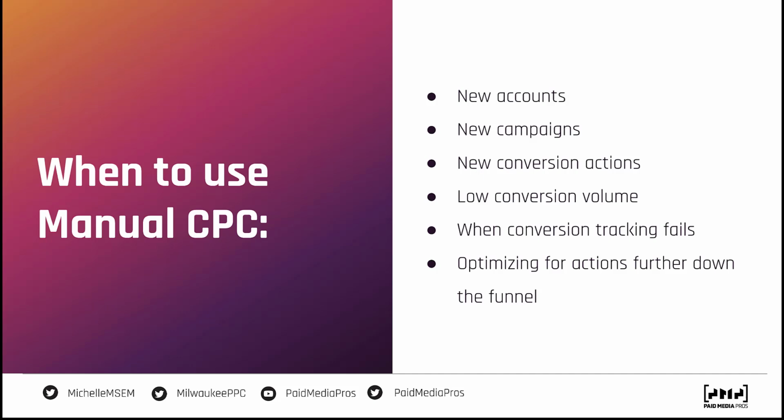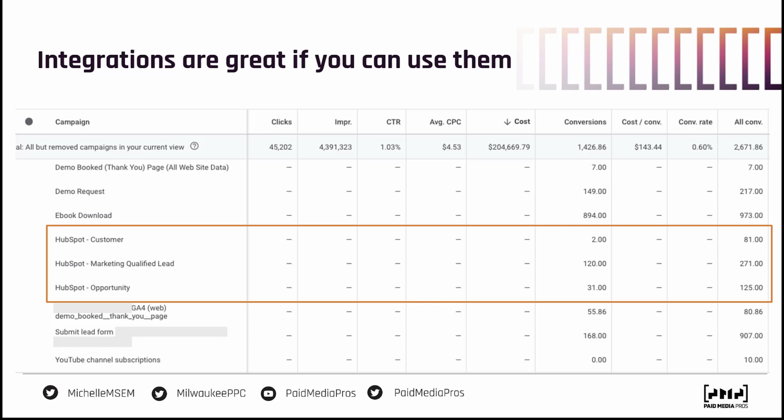And the other option is if you're optimizing for actions further down the funnel. If you're using something like HubSpot, you can import your marketing qualified lead, opportunity, and customer data. And although those can be incorporated into bid strategies, a lot of the accounts that Joe and I work on end up being larger B2B accounts where that sales window takes a really long time to close.